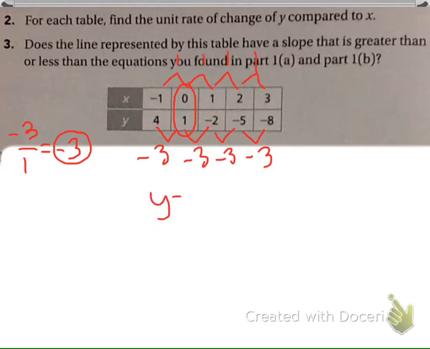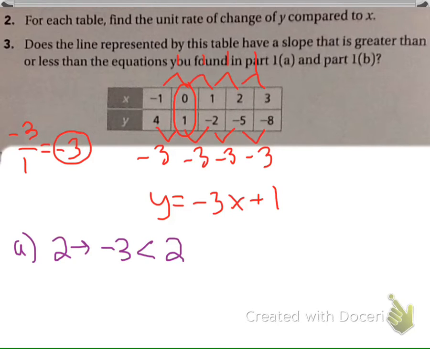Y equals -3x plus 1. Okay, so now it's asking, is the slope of -3 greater than or less than the equation you found for A? So let's look at my equation A. The slope was 2, and -3 is less than 2.